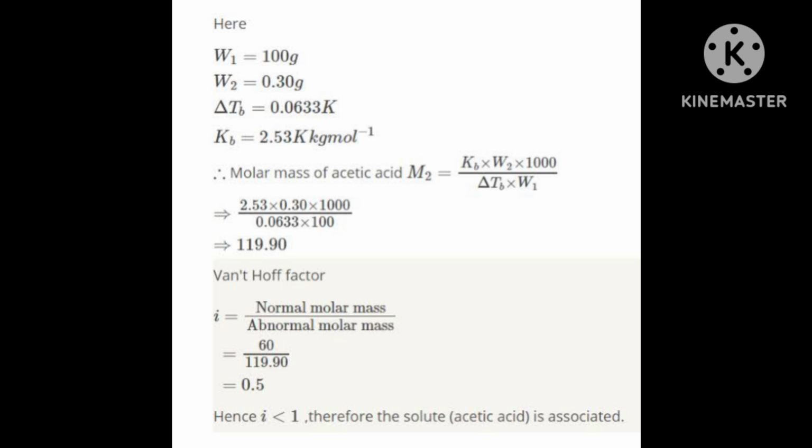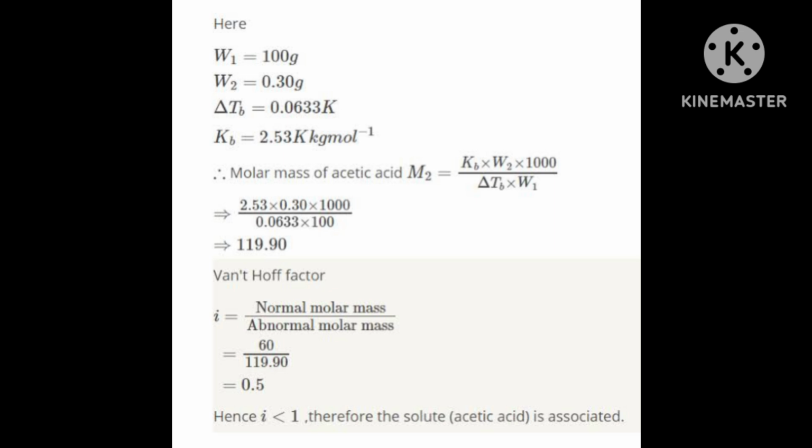Now we have to correlate, because we have used molality: delta Tb is equal to Kb into m. What is the value of m? The molality value you have to introduce. Molality is mole divided by weight of solvent. Mole means weight divided by molecular weight.